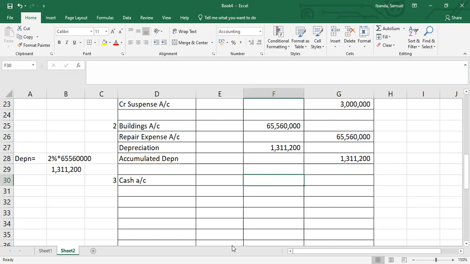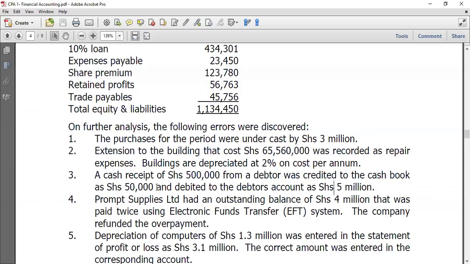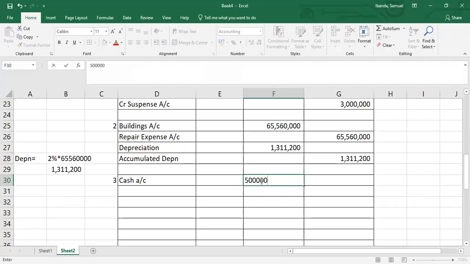I want to first remove what was wrongly placed there, okay? So I'm removing this 50,000 that was placed on the wrong side, that was credited. So I'm first going to debit my cash account with 50,000, okay?